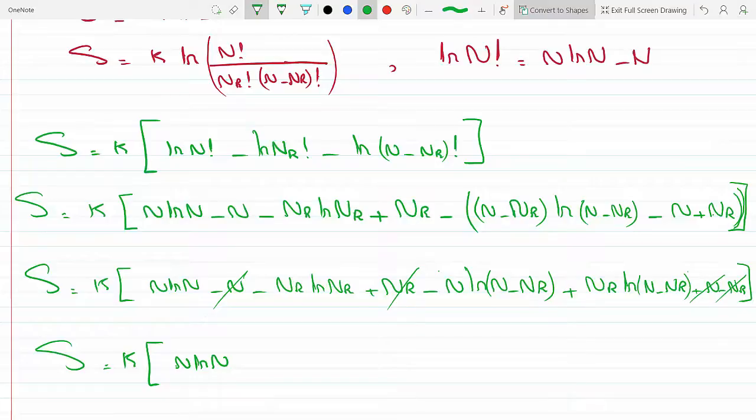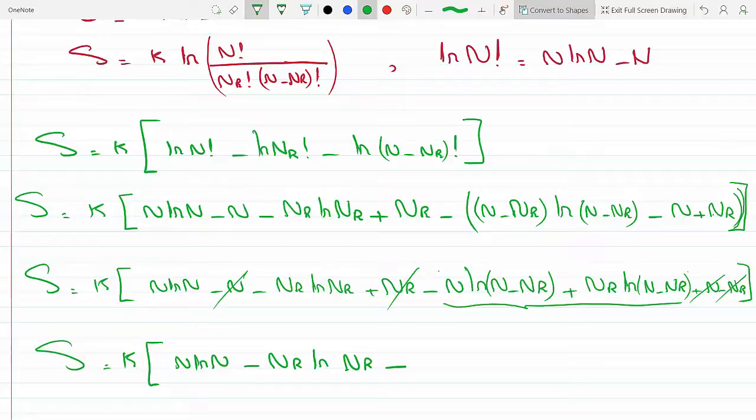And we have minus nr ln nr minus. Since there's nothing I can do with these two, I'm going to factor back out the ln and minus nr.